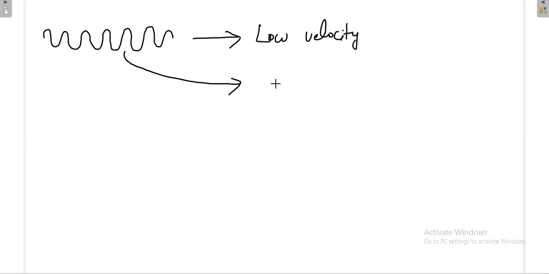Yes, sir. Okay, when an earthworm moves from one place to another, actually it will go with low velocity only. With low velocity only it will move from one place to another. But if you see the variation of its body, that will be very, very high.